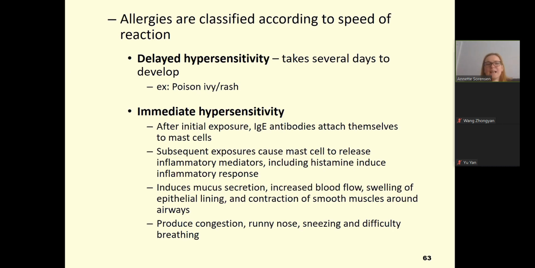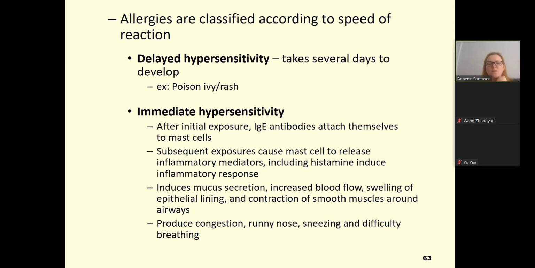Immediate hypersensitivity is much more common, and it's actually caused by IgE antibodies, which attach themselves to mast cells, and it leads to release of inflammatory mediators such as histamine, and that induces an inflammatory response.